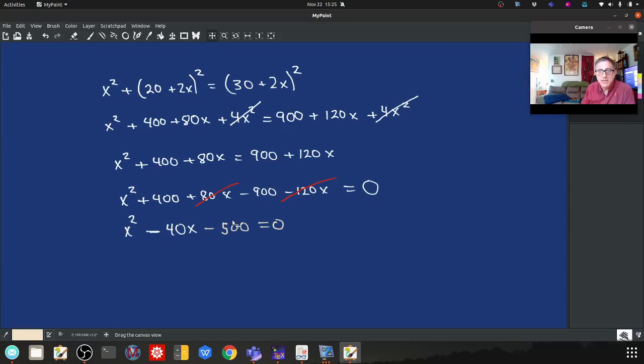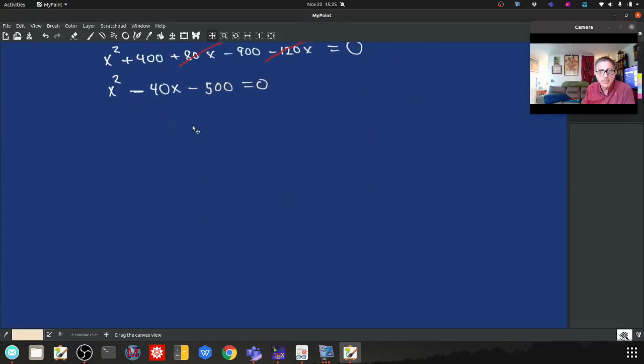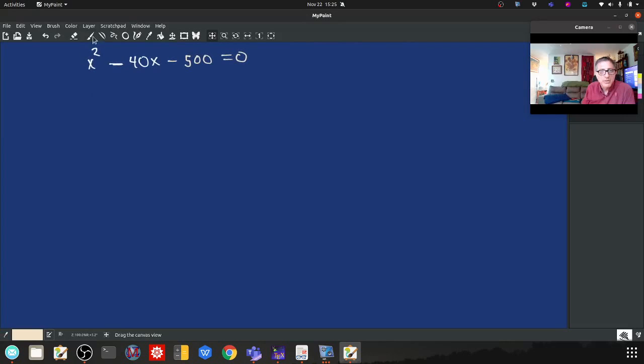So let's go ahead and solve this. So I have ax squared plus bx plus c is equal to 0. So a is equal to 1. That's always nice. B, be careful, is negative. So whenever you get a negative b, take notice.